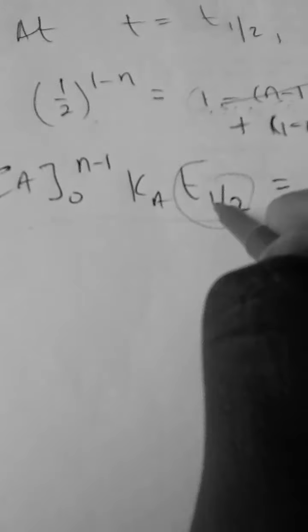So I'm going to divide this under this, and so I could isolate t_half equals (2^(n-1) minus 1) over ((n minus 1) A_0^(n-1) k_A), and that's the half-life for the nth order.